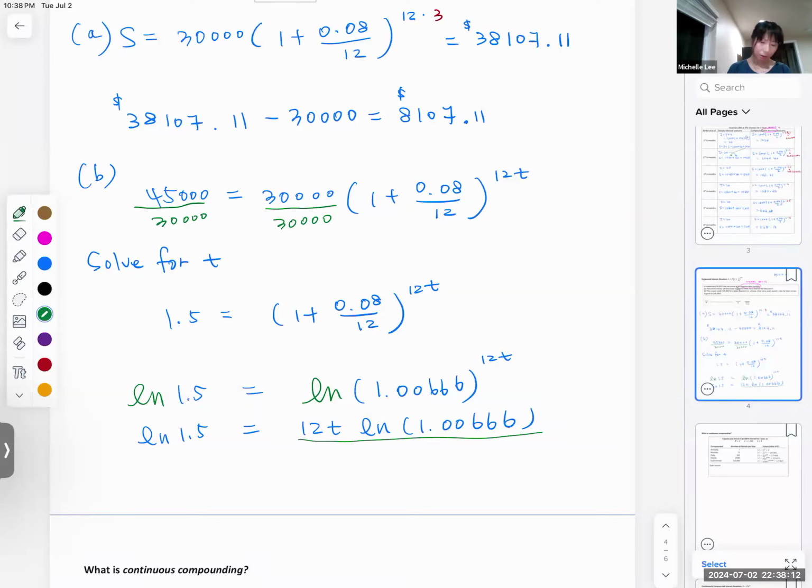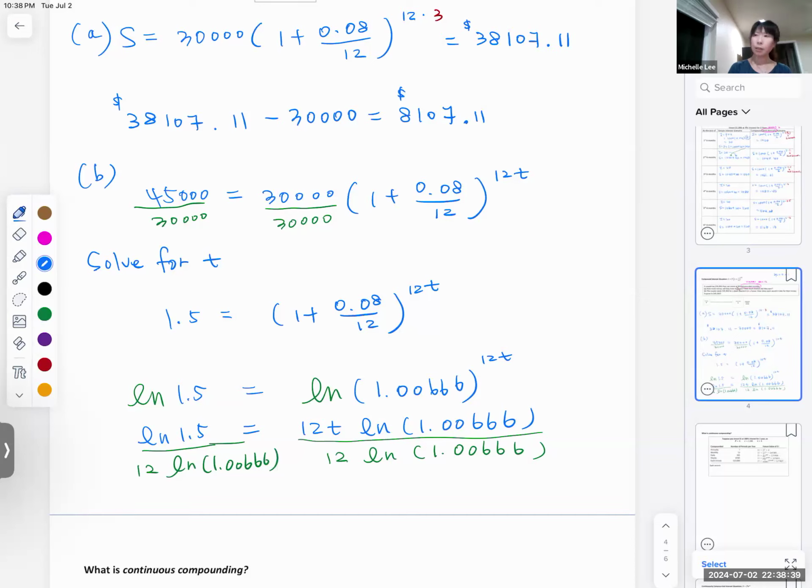Okay, now we divide by 12 natural log of 1.00666. Let's do that. Natural log of 1.5 over 12 natural log of 1.00666.